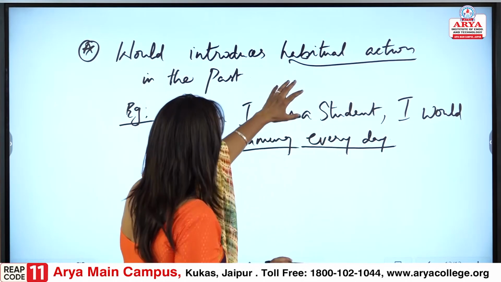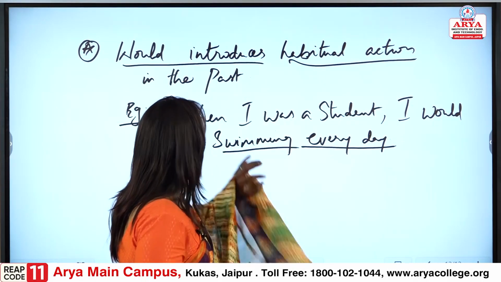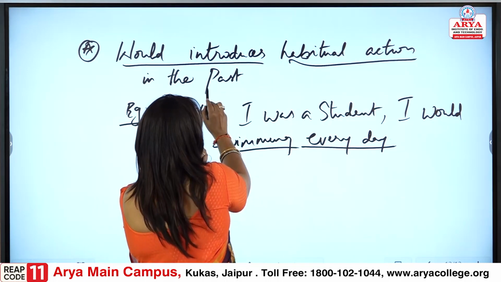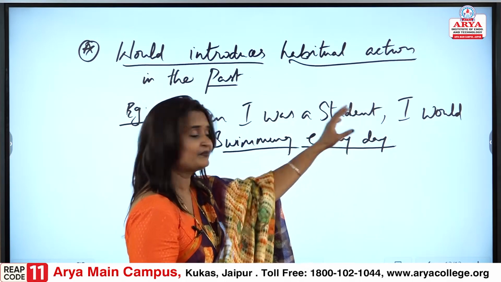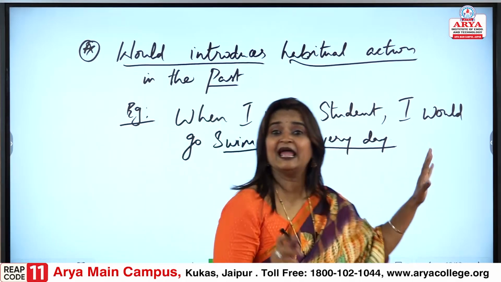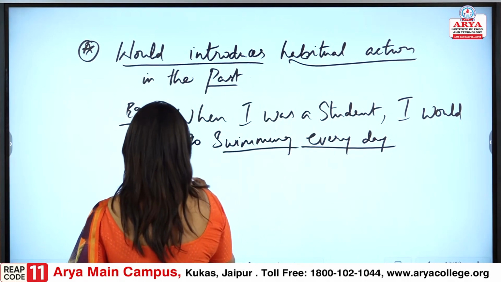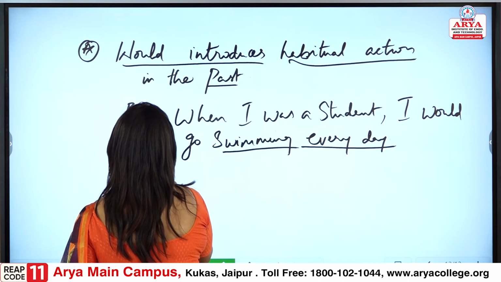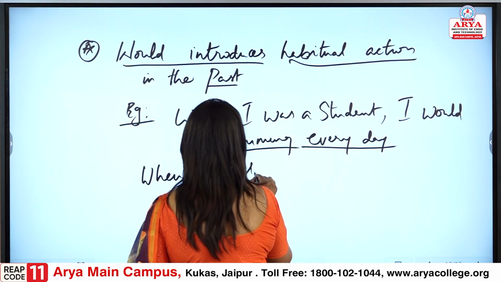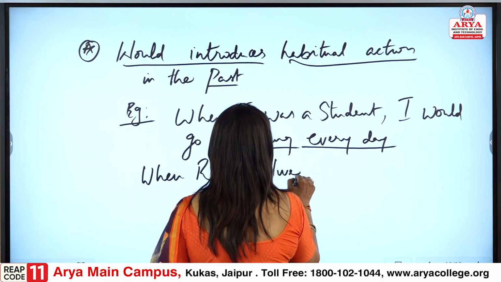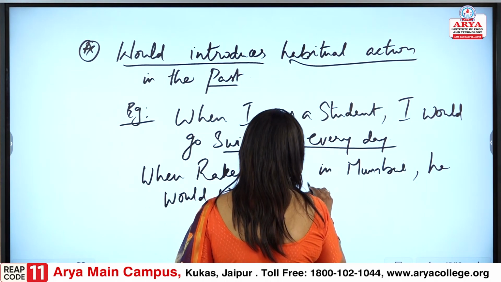Again we are talking about some habitual action; would introduces habitual action in the past. So, when I was a student, I would go swimming every day. Next, let us look at one more example. When Rakesh lived in Mumbai, he would write me long letters.